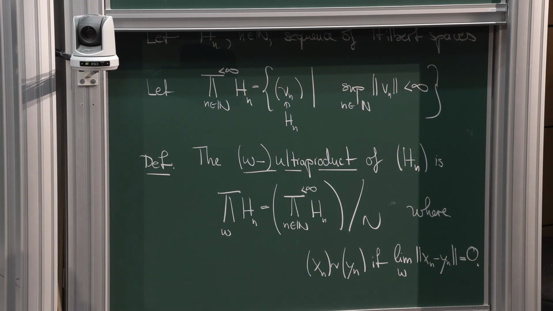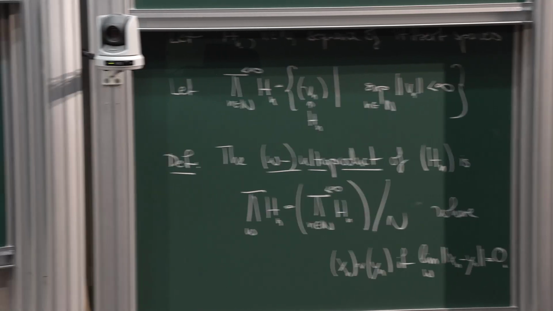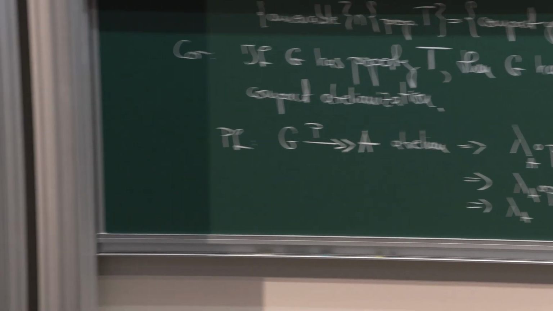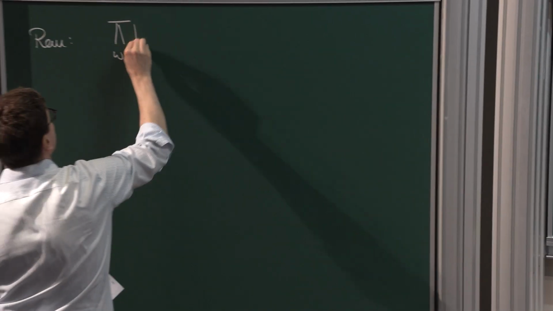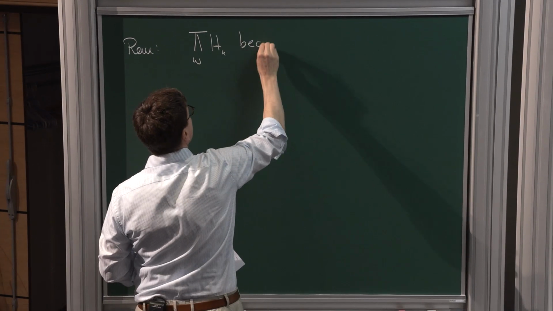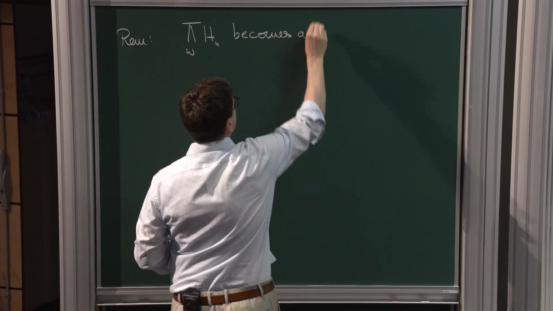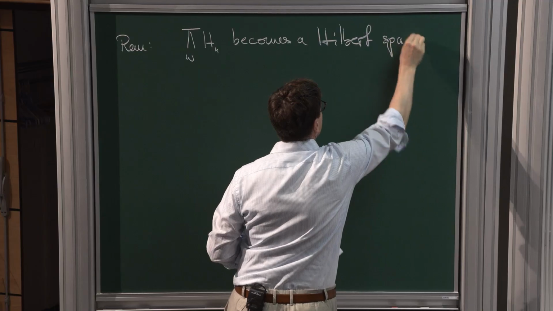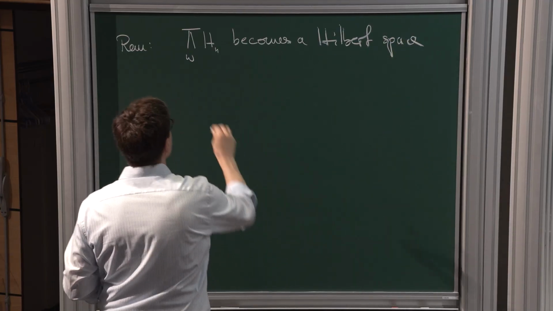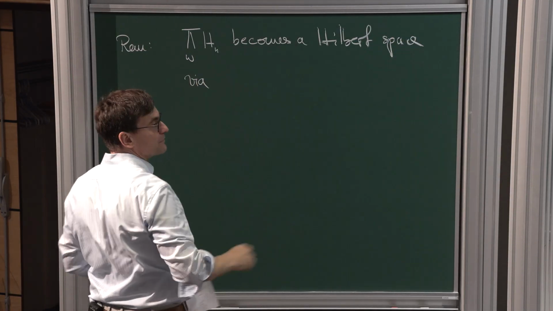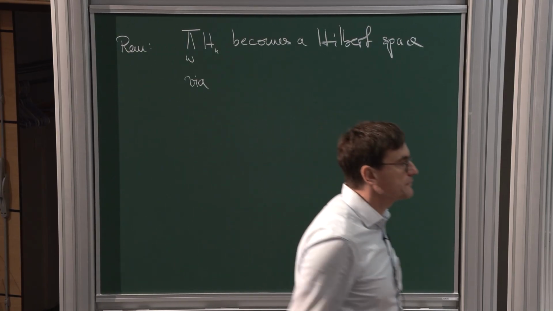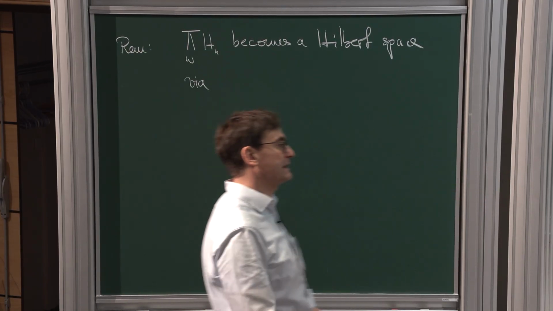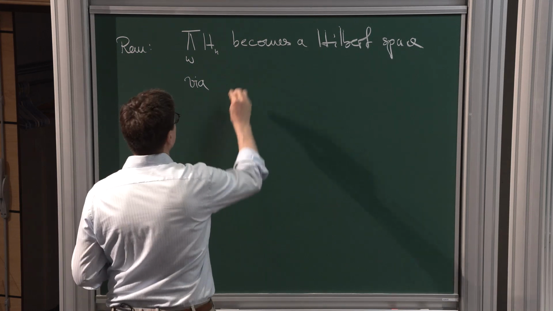And this becomes a Hilbert space. So you have to say, there's the obvious addition and also scalar multiplication, but what's the scalar product?